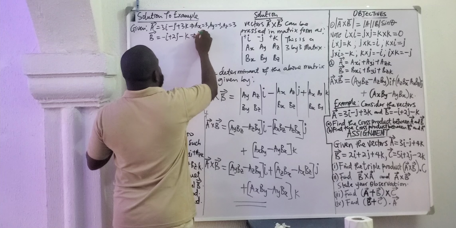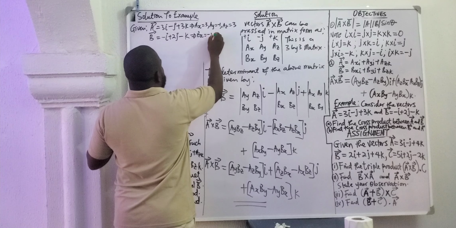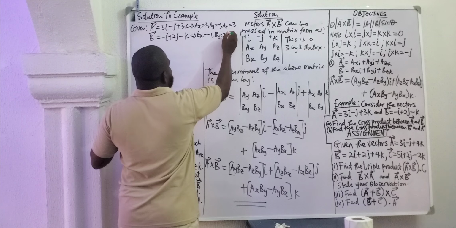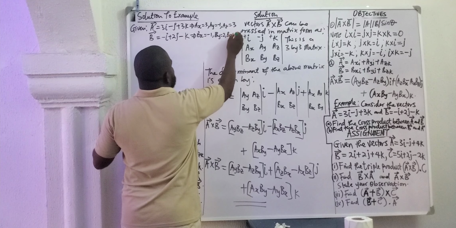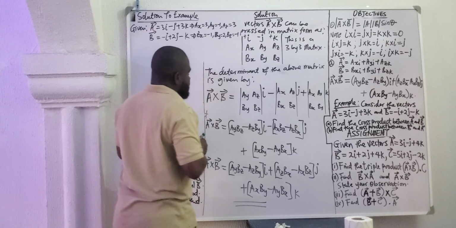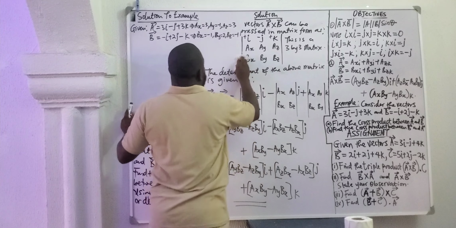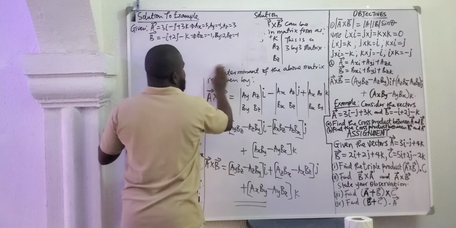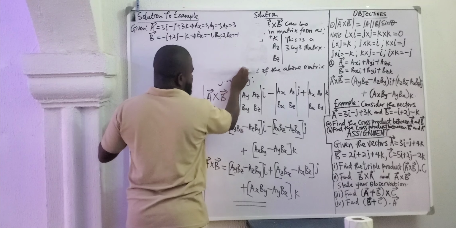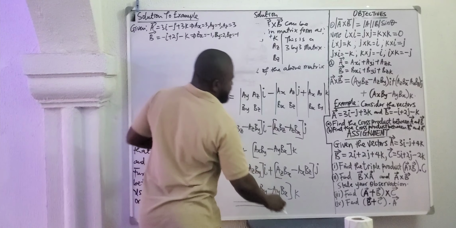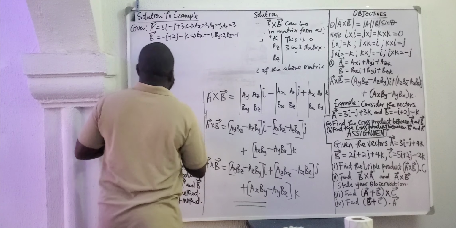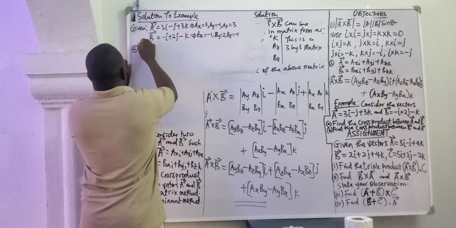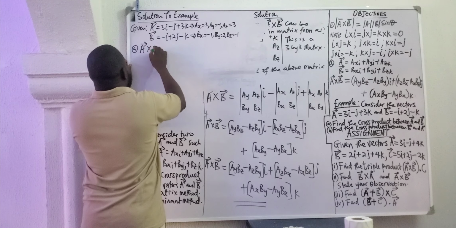Likewise, BX is minus 1, BY is 2, and BZ is minus 1. So now we can put it in matrix form. We're asked to find the cross product between A and B. So which means A comes first. So we are looking for A cross B.